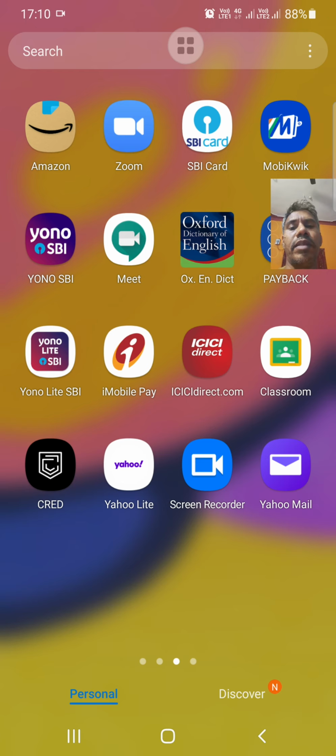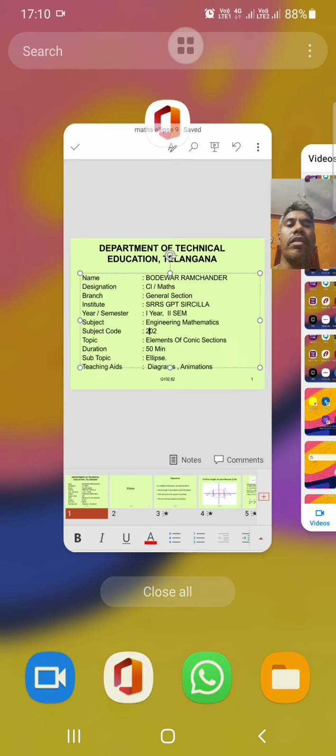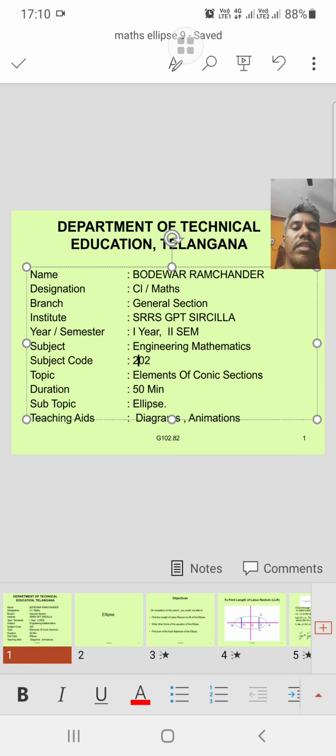In the ellipse, we discussed the standard form of the ellipse and its parts. What is the major axis and what is the minor axis, and what is the eccentricity, what are foci, directrices, vertices.